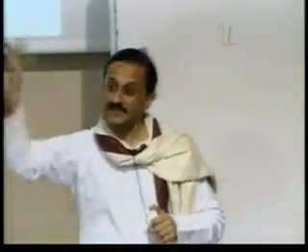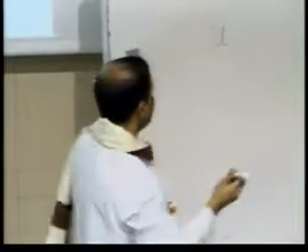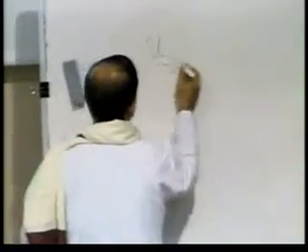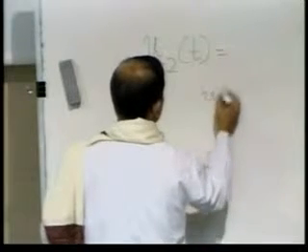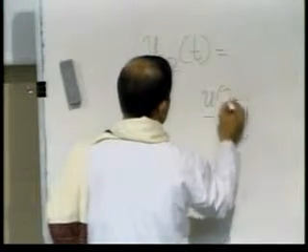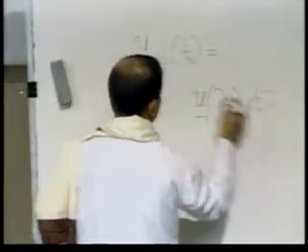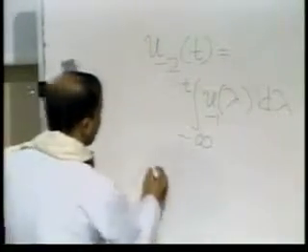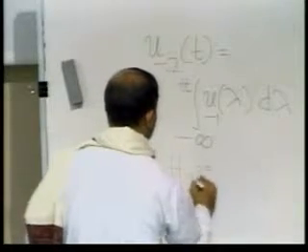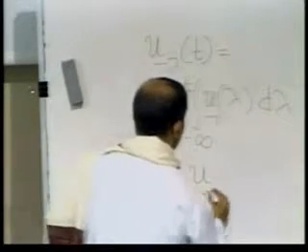So u minus 2(t) is equal to the integral of u minus 1(lambda) d lambda from minus infinity to t, which gives you t times u minus 1(t).